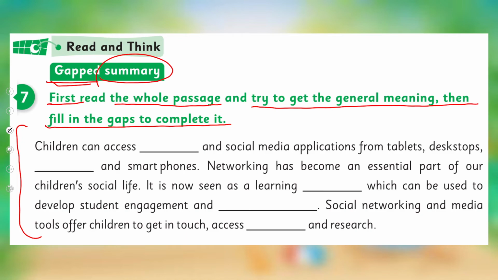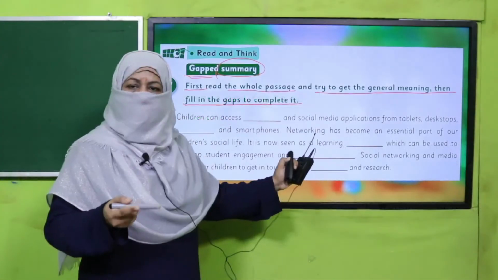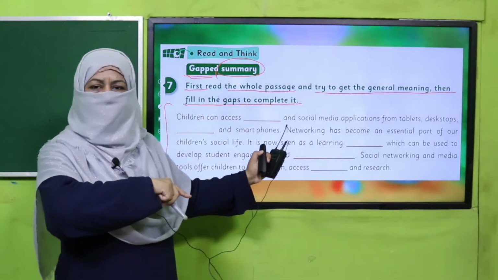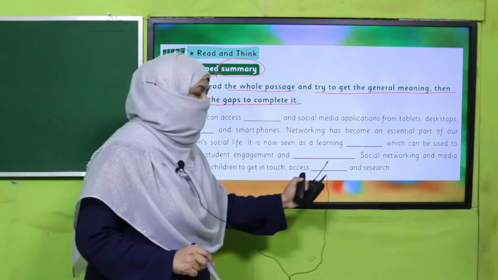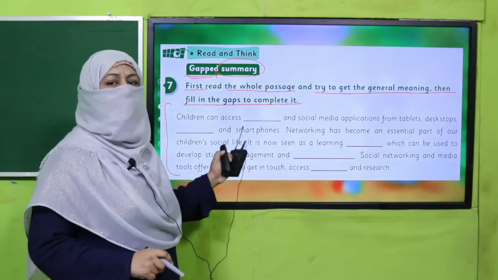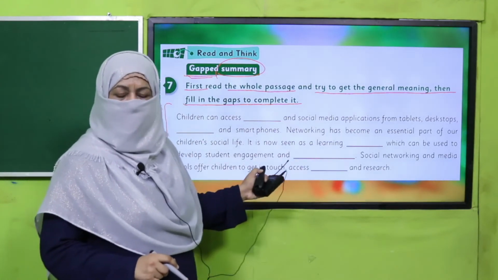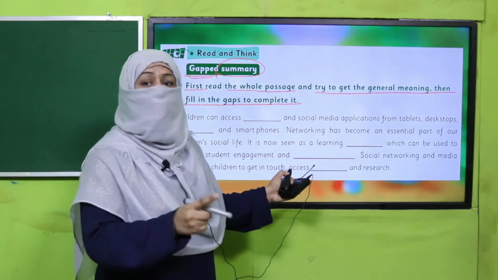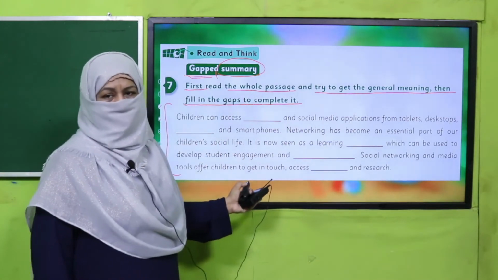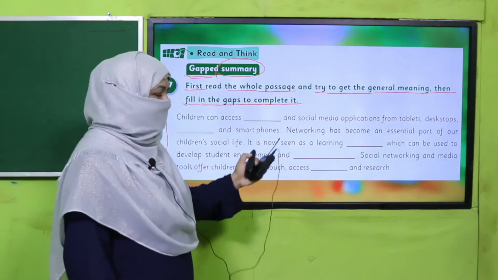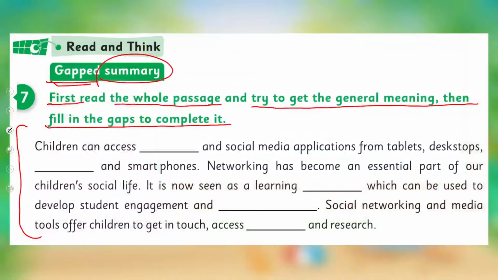And wherever you find a little difficulty, you can refer back to the original text. Do you understand? Okay, so first you will read this text and try to understand. Maybe you can fill the gaps by yourself. And if there is any problem, you can read the original text of your unit and then complete this text. Okay, so pause the video, complete this gap summary and then come back.